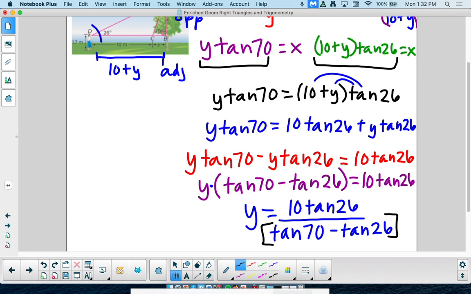All over. Now we'll type this one in and we'll get that as a decimal. 2.26, yeah. We're close enough.